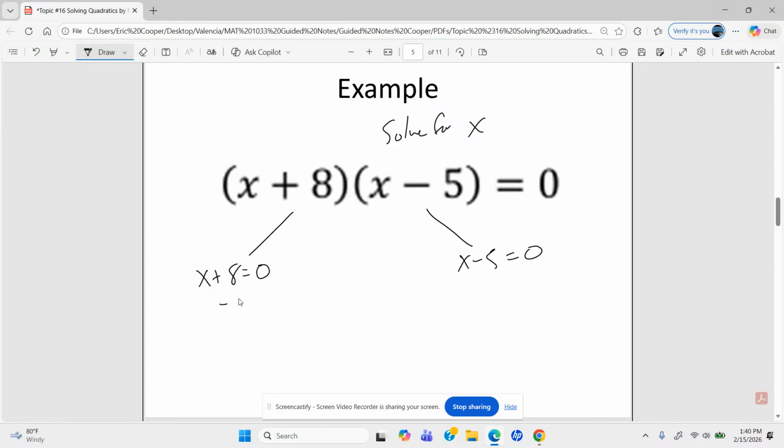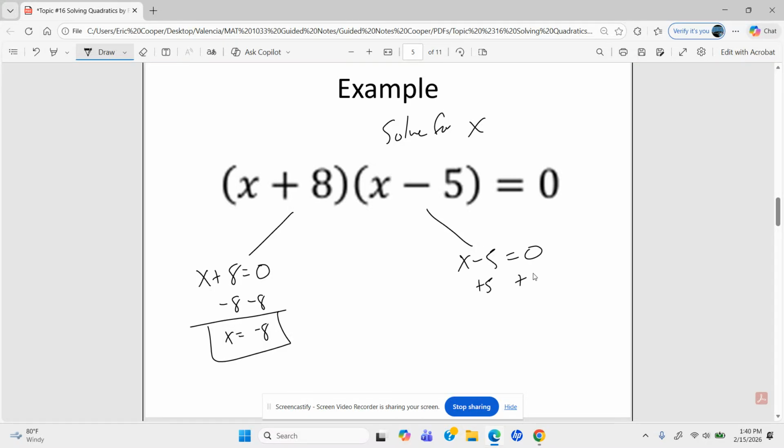Here, x plus 8 equals 0. I would minus 8, and I would find x to be negative 8. Which means if I went back in and plugged in negative 8 to both of these, negative 8 plus 8 would be 0, negative 8 minus 5 would be negative 13, but 0 times negative 13 gives me 0. That would be one of my solutions. Same thing here with the second one.